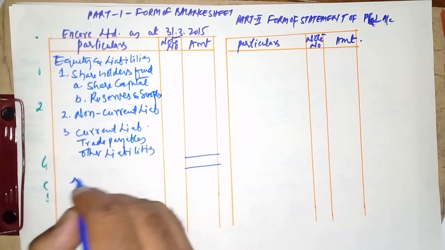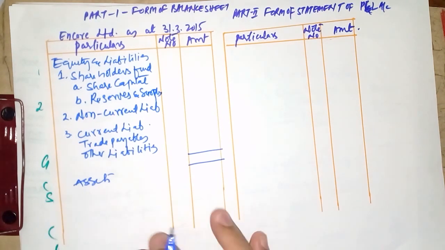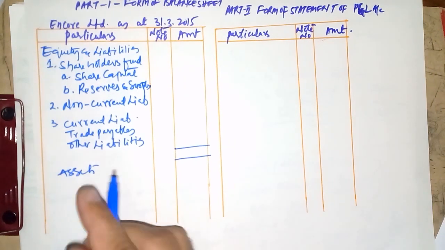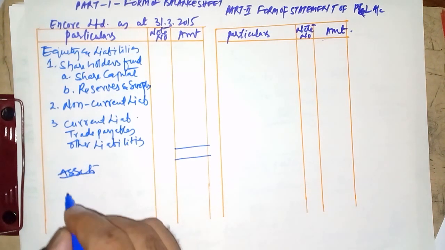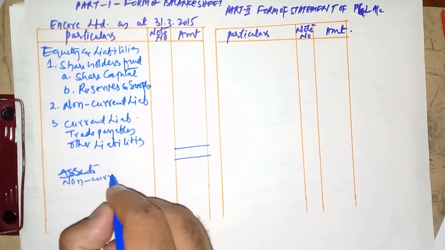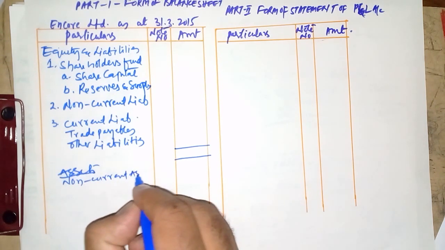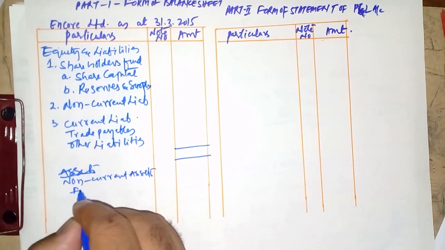Then we write assets, right? Sorry, under assets, first is non-current assets. Under that, fixed assets.